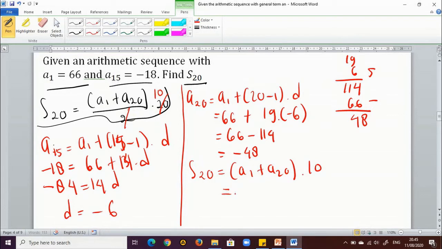The first term is 66 and the 20th term is minus 48, times 10. 66 minus 48 is 18, times 10 is equal to 180. So this is how to solve this question.